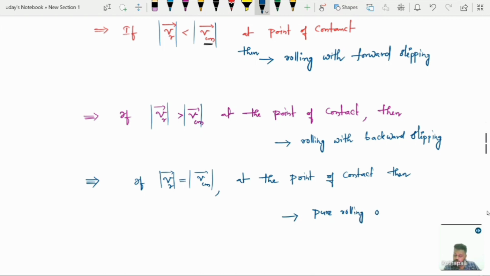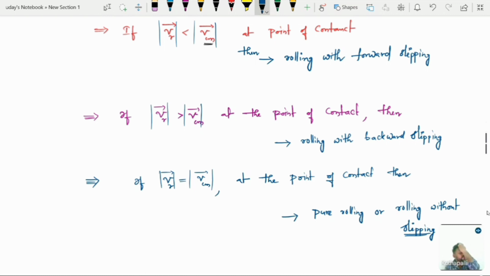Pure rolling, or one more name is rolling without slipping. Okay, three conditions. You only have to look at the point of contact.